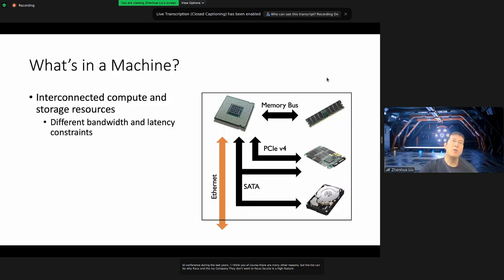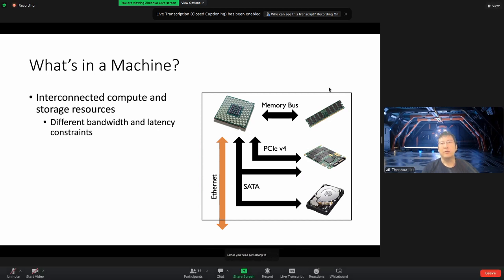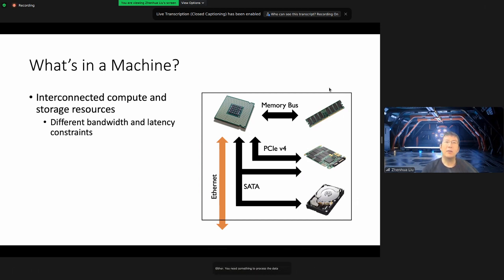So, okay, now let's talk about making a data center of many machines. What's in a machine? You need something to hold the data, and that is memory, or you can put it on the disk. And you need something to process the data, and that is your processing unit.